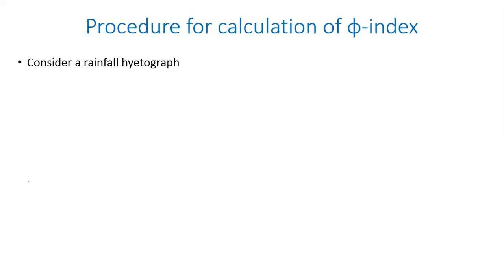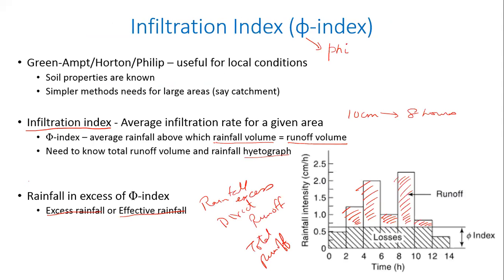Consider a rainfall hyetograph, which consists of a rainfall event of duration D hours, which is divided into N time intervals delta t. So N times delta t equals capital D. In the previous example, the total duration of the rainfall event is 14 hours, and it is divided into 7 pulses of 2 hours each.